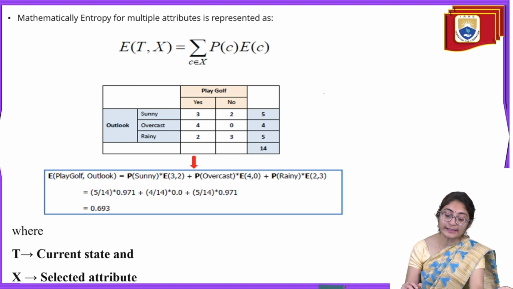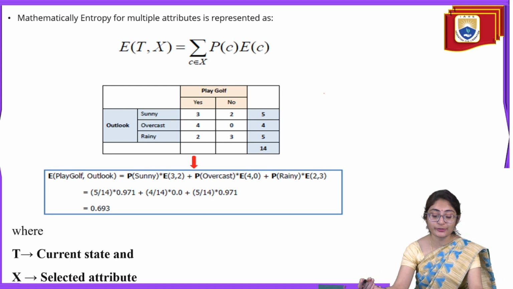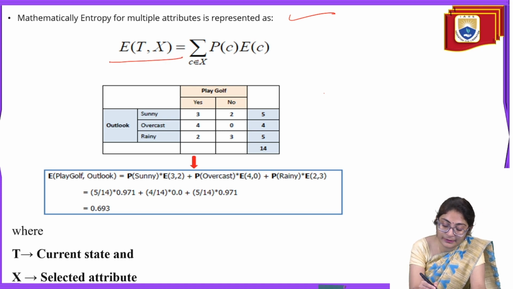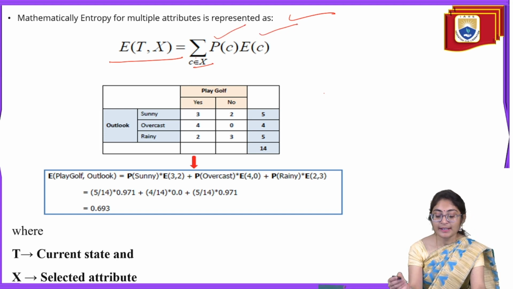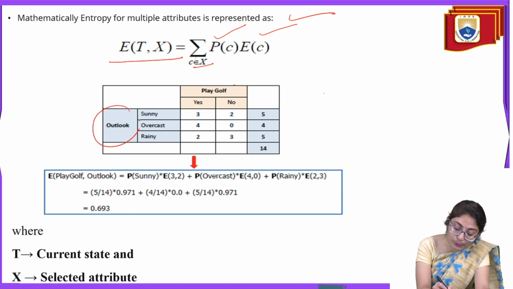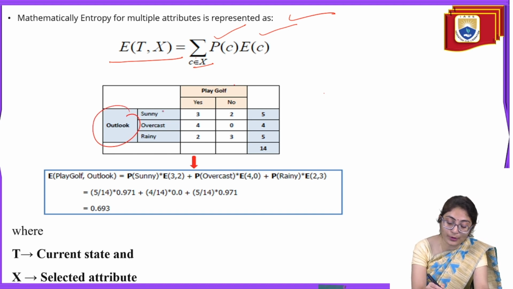Now mathematically, entropy for multiple attributes is represented as E of T, X equal to the summation of c belongs to X, P of c and E of c. Here again we have play golf values, but for outlook we have to look at sunny, overcast and rainy.